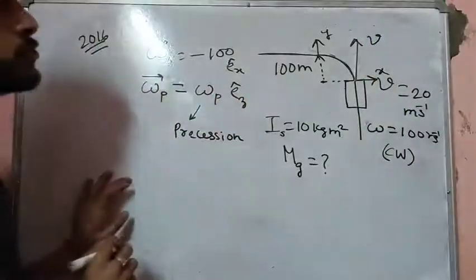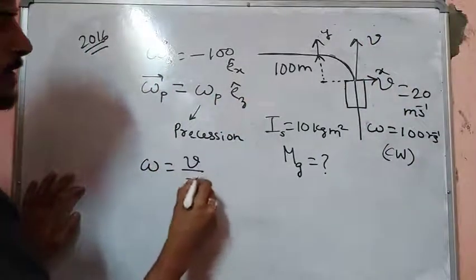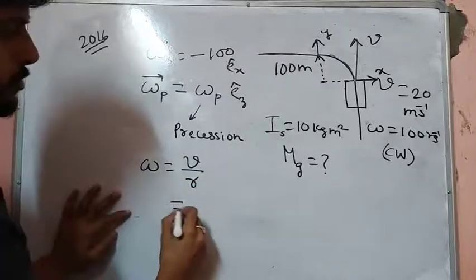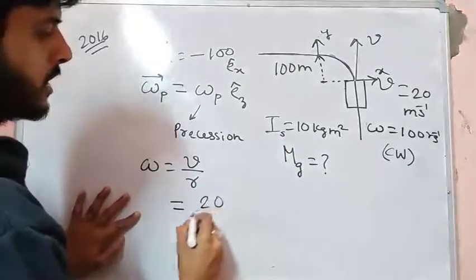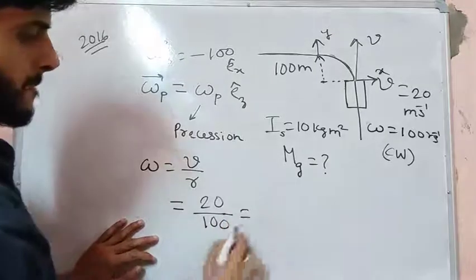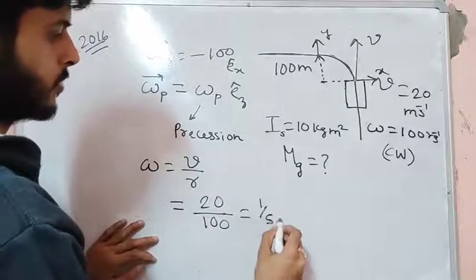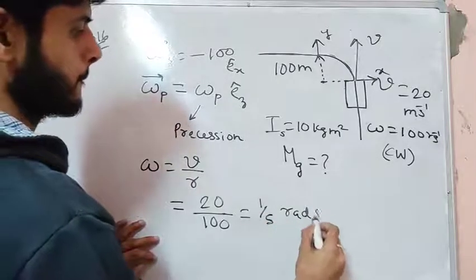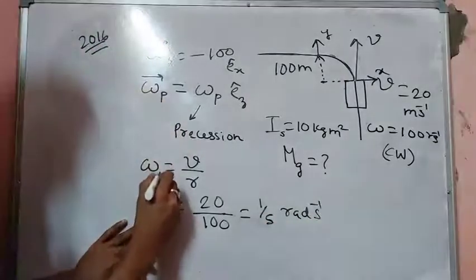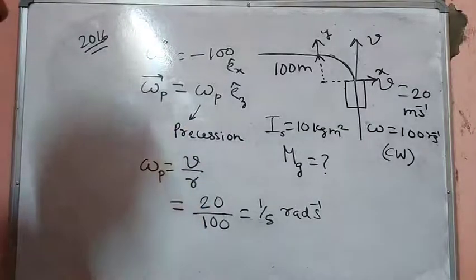Omega is nothing but linear velocity divided by the radius of curvature. The linear velocity is 20, the radius of curvature is 100 meter, so the angular velocity of precession is 1 by 5 radian per second. Now we know both the magnitude and direction.